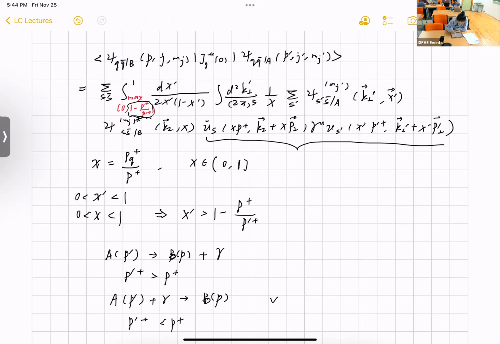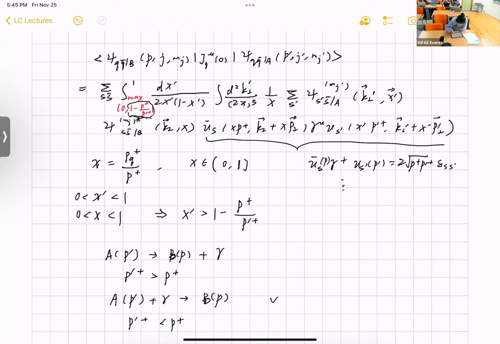For example, if I take mu equal to plus for the plus current, and S and S prime, what you get would be P plus, P prime plus, and delta SS prime.